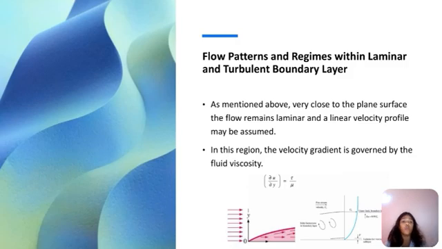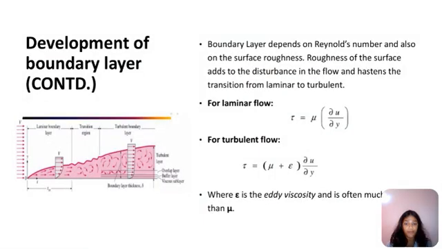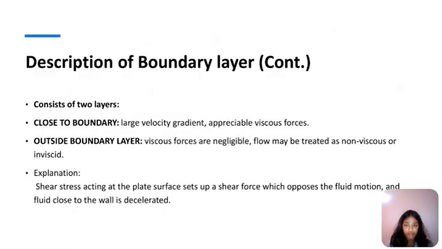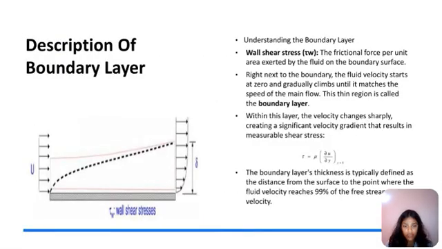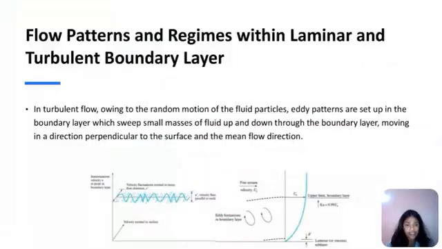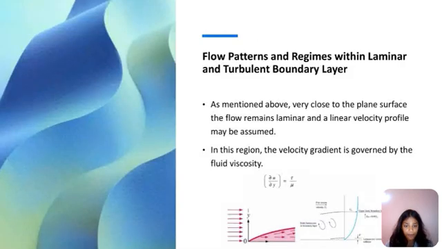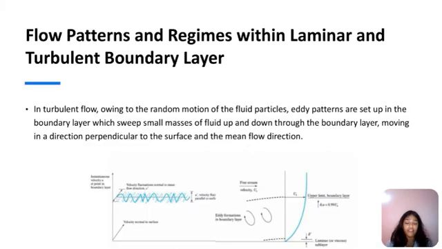In this region, the velocity gradient is governed by fluid viscosity, as we saw above here, and also here. Now we'll study the flow patterns and regimes within laminar and turbulent boundary layers.